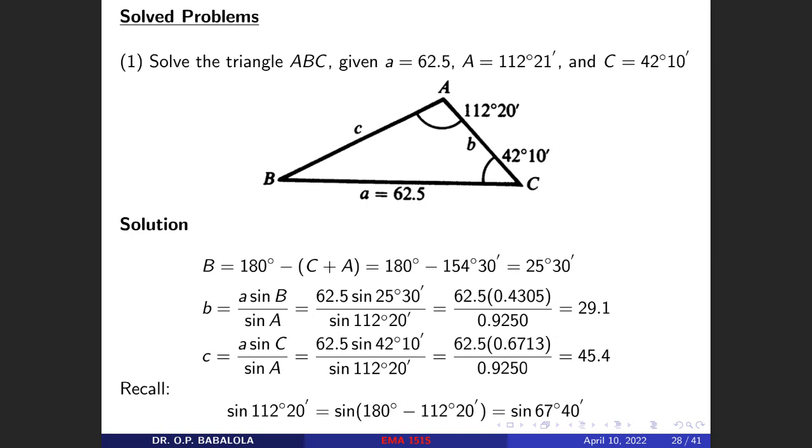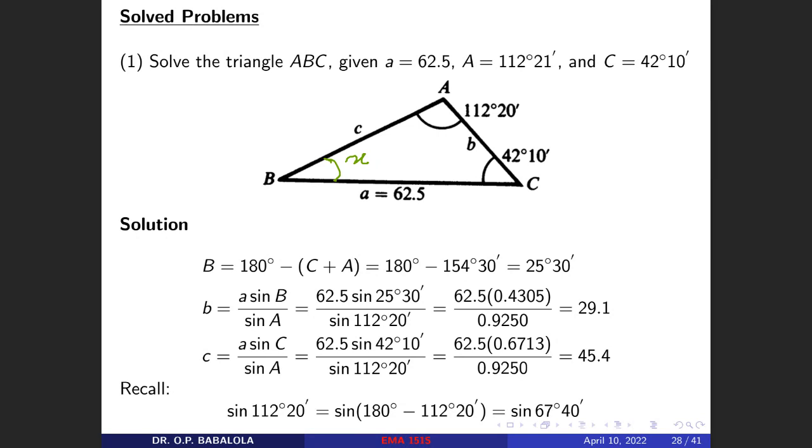We have been given angle A, angle C, but we have not been given angle B, and this is angle B, which we don't know. So to obtain angle B, we simply sum the given angles and subtract from 180.